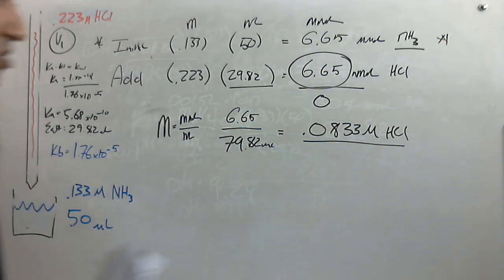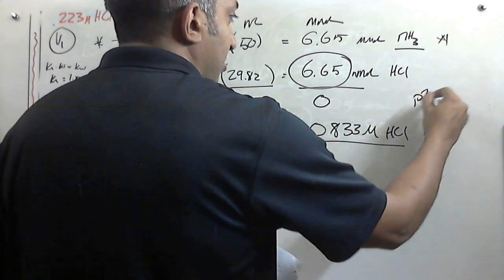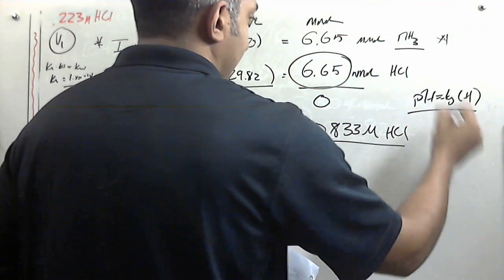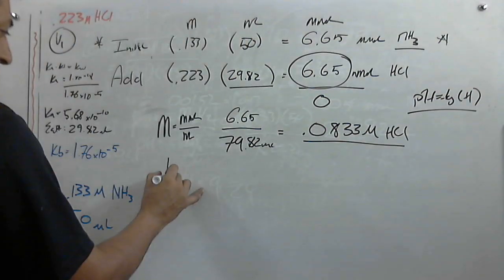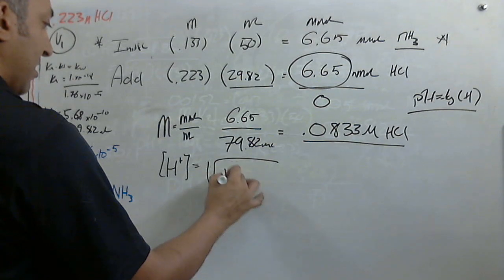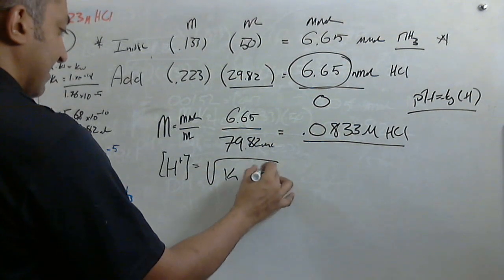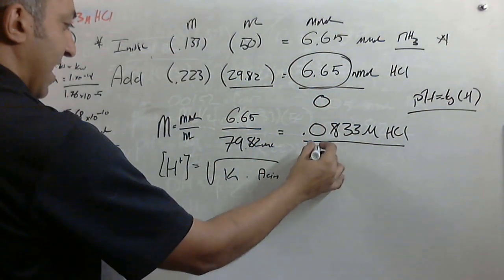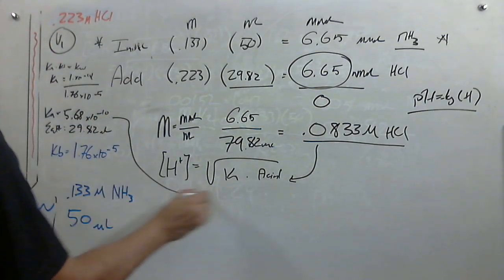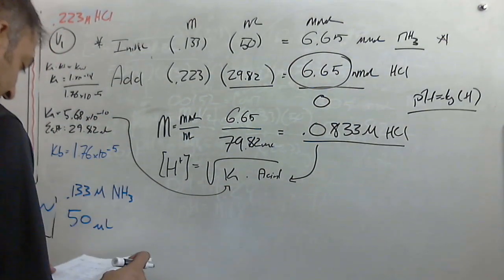So you cannot go and put this into pH equals negative log of H. You cannot do that yet. You must do H plus equals square root Ka times acid. You know your acid. You know your Ka. So let's go ahead and solve for that.